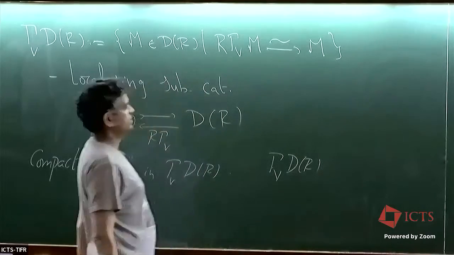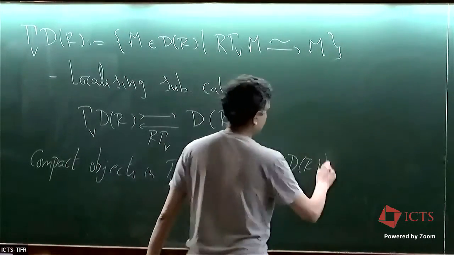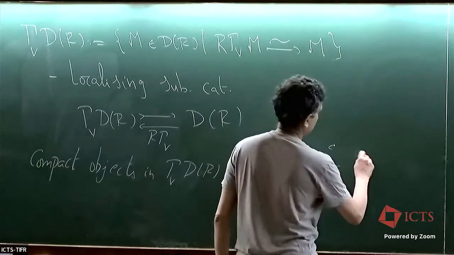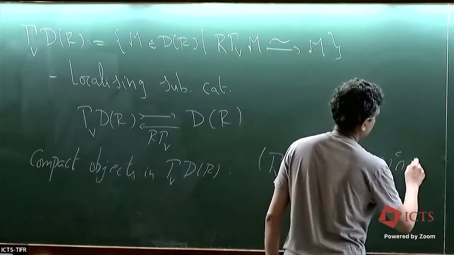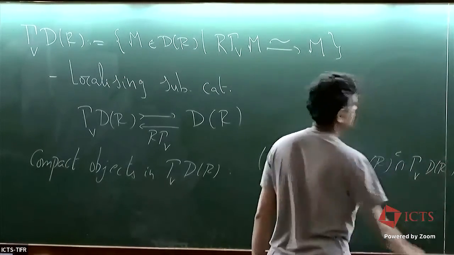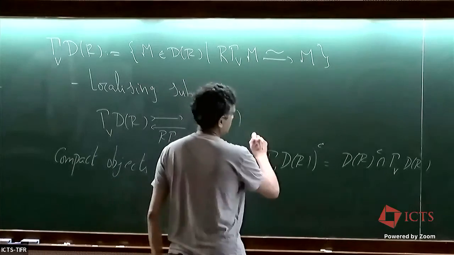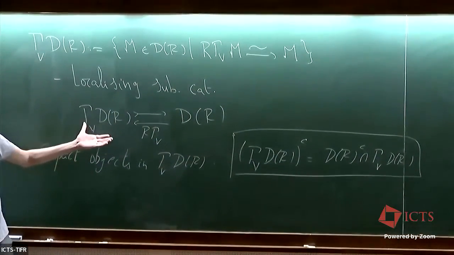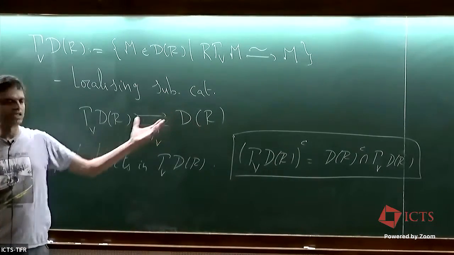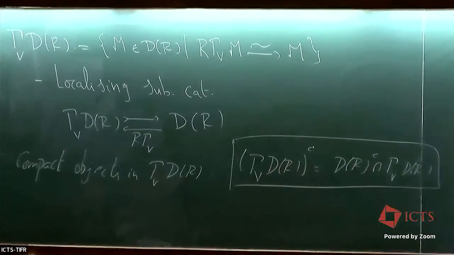If you look at this, this is a triangulated category in its own right. And the compact objects in this category are nothing but the compact objects in the big category which are V-torsion. So remember, the compact objects in the derived category are just the perfect complexes. So what this is saying is that the compact objects in this subcategory are precisely the compact objects here that are supported on V. One can do better than this. One can even identify generators for this.